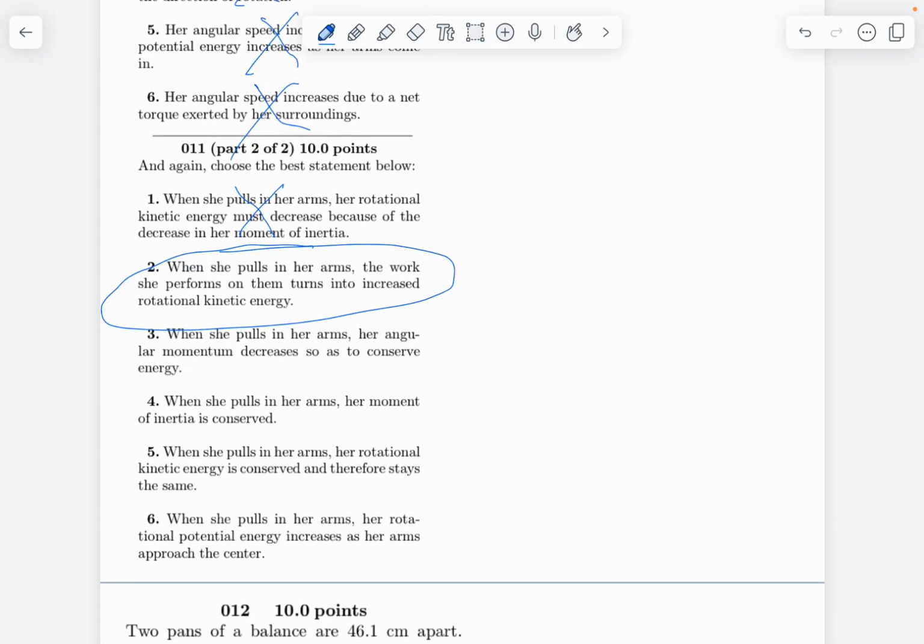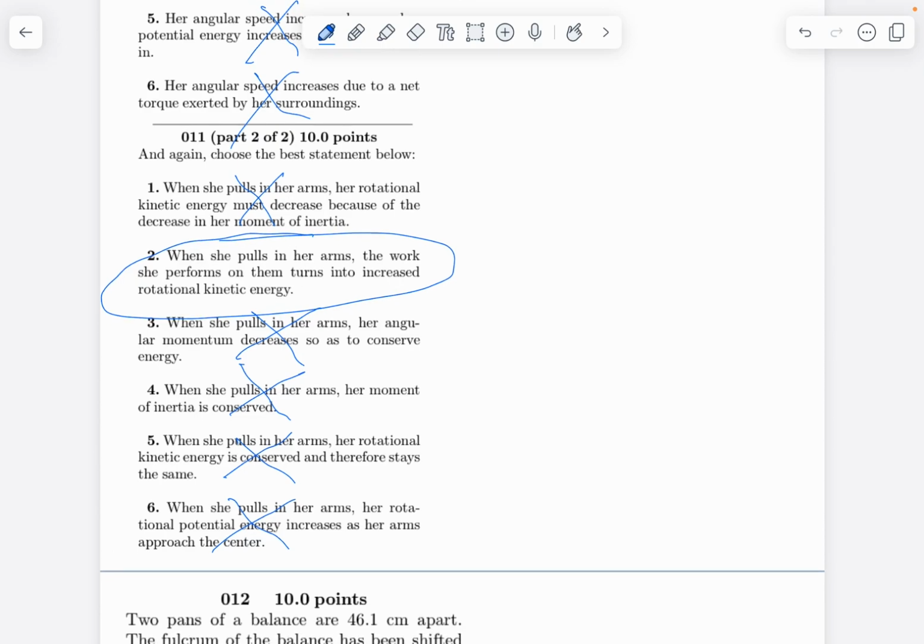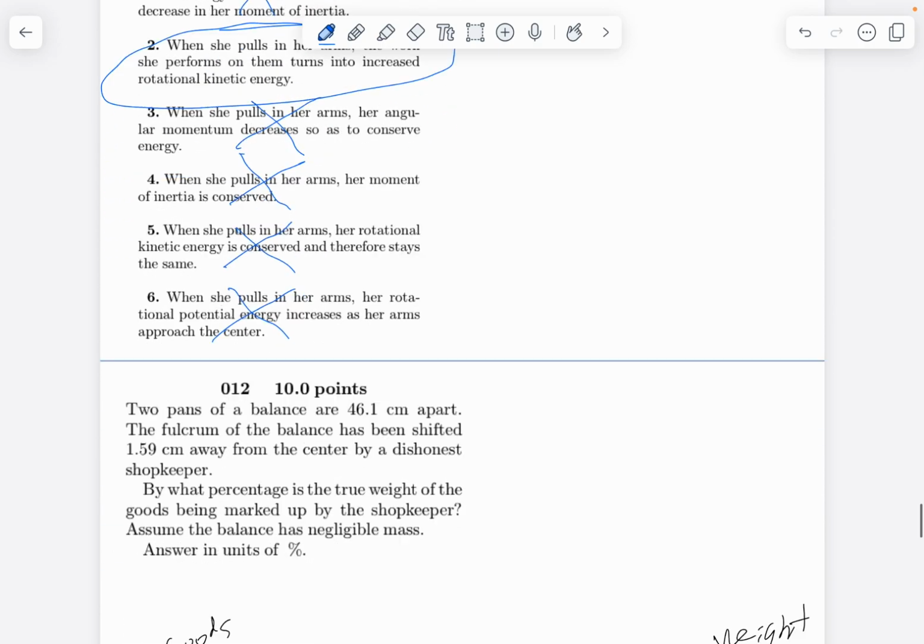Number 3, angular momentum is conserved. Number 4, when we pull in her arms, our moment of inertia decreases, so that's not it. Number 5, rotational energy is not conserved, so then you go faster. Number 6, there's no rotational potential energy. It doesn't exist. I don't know what that is. So that's number 11. The learning calculus will hopefully help you with those 2 questions.